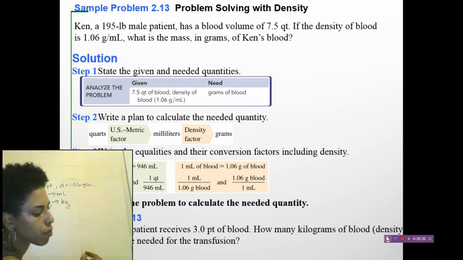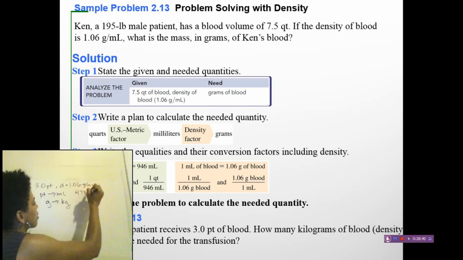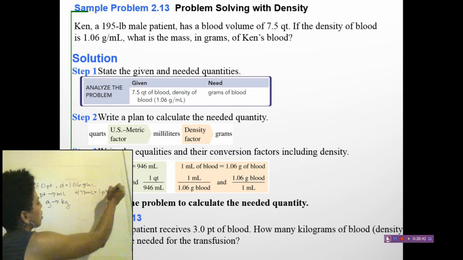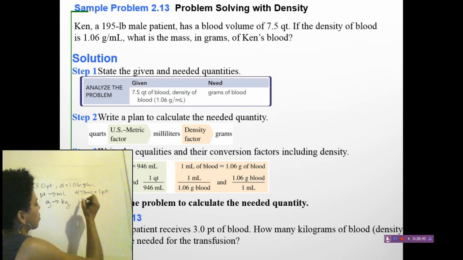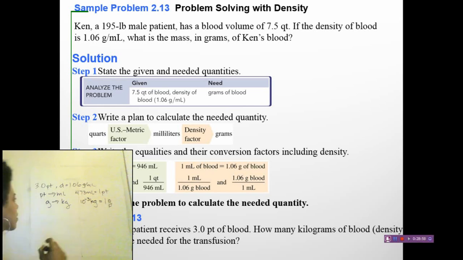So if we want to go from pints to milliliters, there are 473 milliliters in 1 pint. And grams to kilograms, we can say 10 to the minus 3 kilograms in one gram. All right.